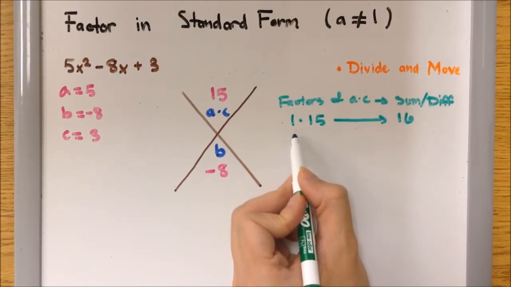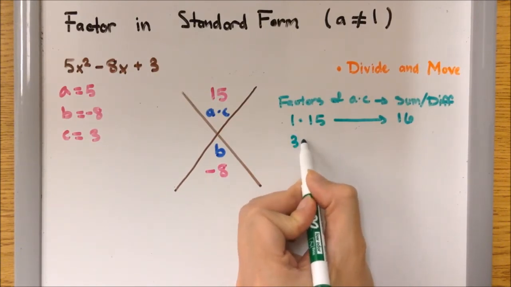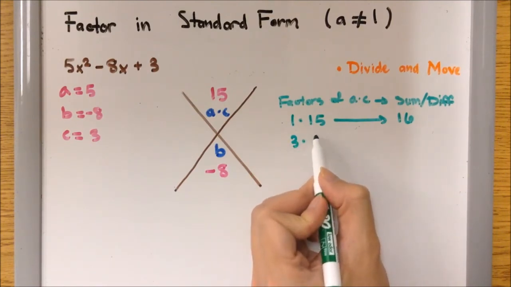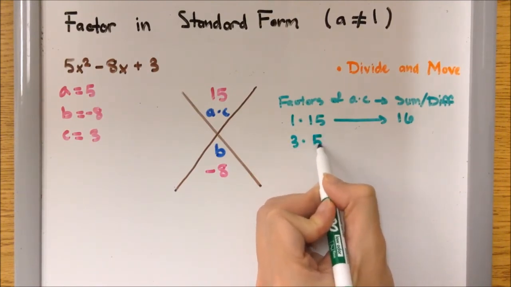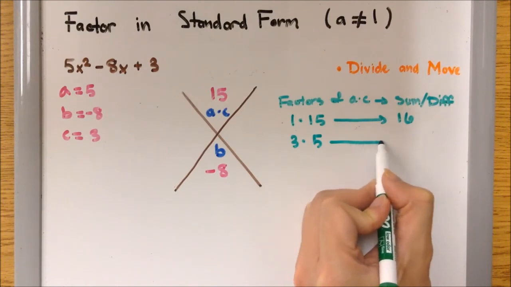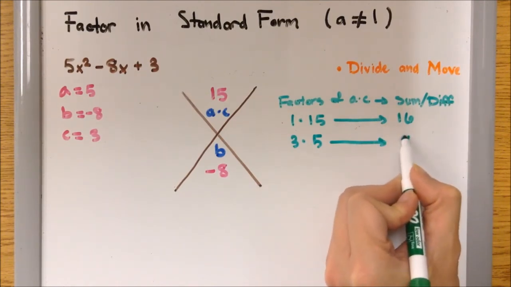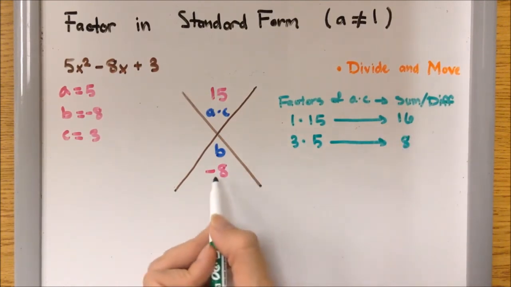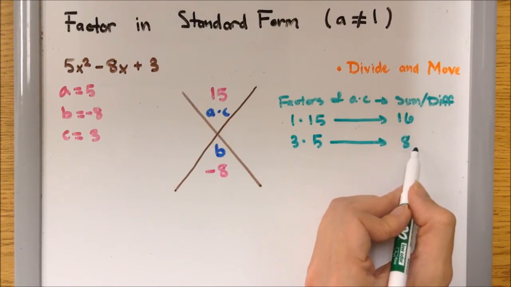Can't do 2, but 3 we can. Positive 3 and positive 5. So that will be a sum of 8. That is almost identical to our B value, but it's not. Our B value is negative 8. This one is a positive 8.